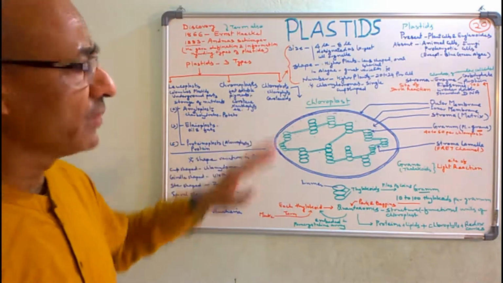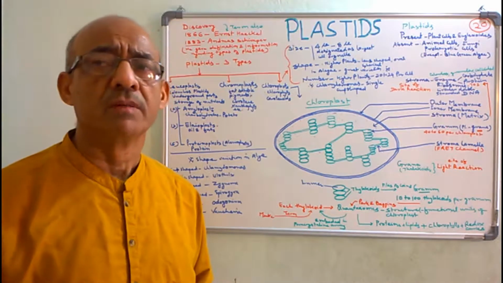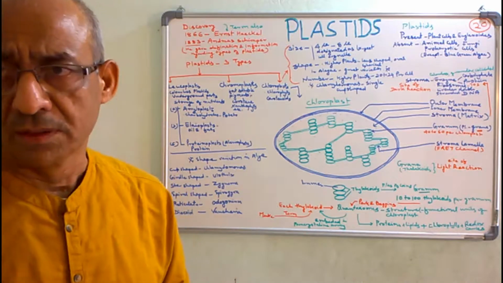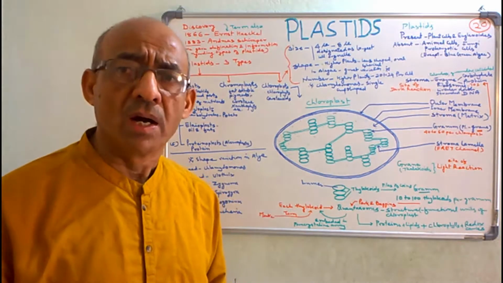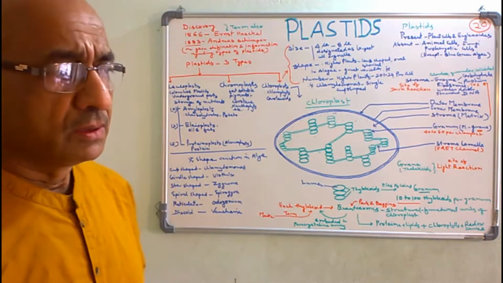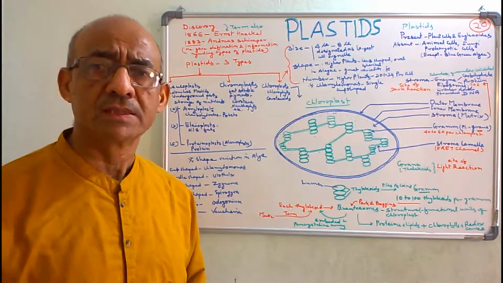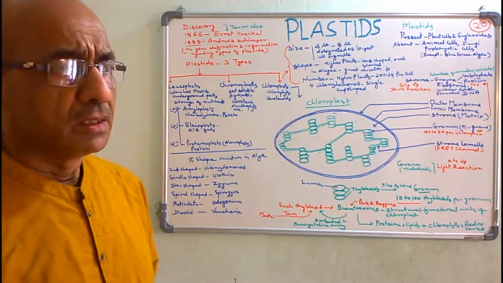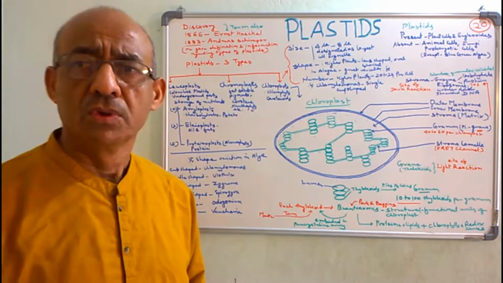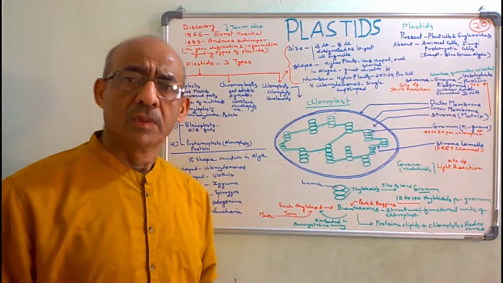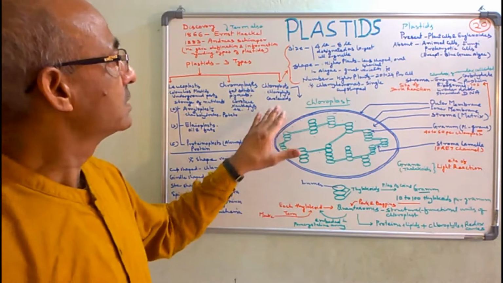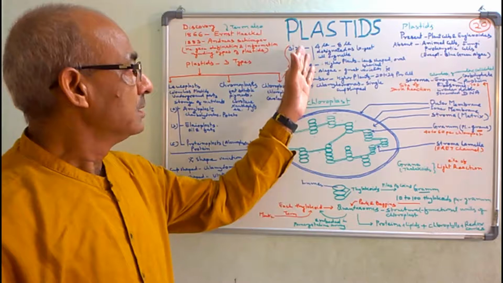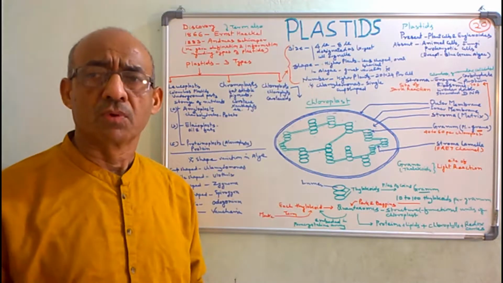They are mainly found in green parts of the plants, and in green parts of the plant they help in photosynthesis for production of food in the plants.